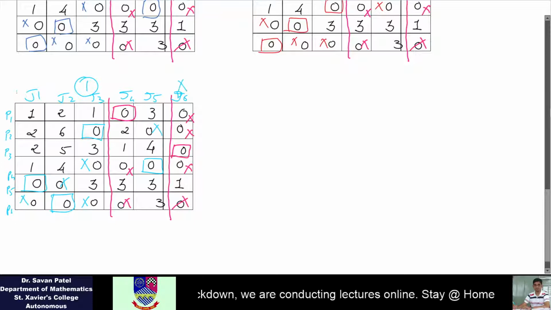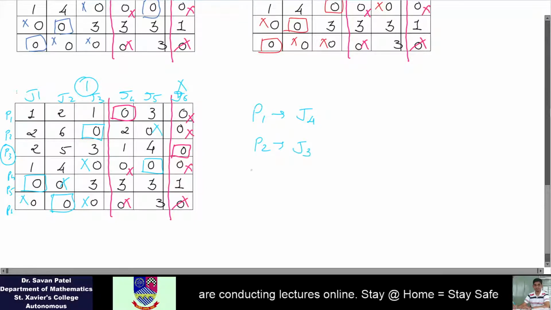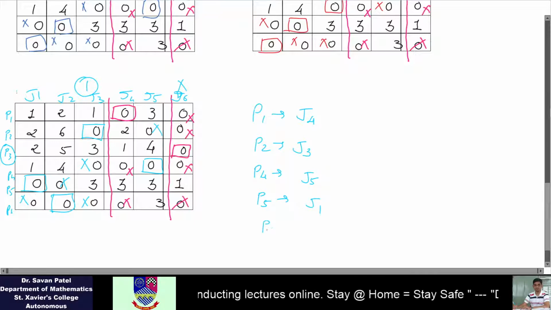Since J6 is a dummy, we will not actually allocate the corresponding person, that is P3 will not be at work. So P1 will go to job J4, P2 will work for job J3, P4 will work for job 5, P5 will work for job 1, P6 will work for job 2.